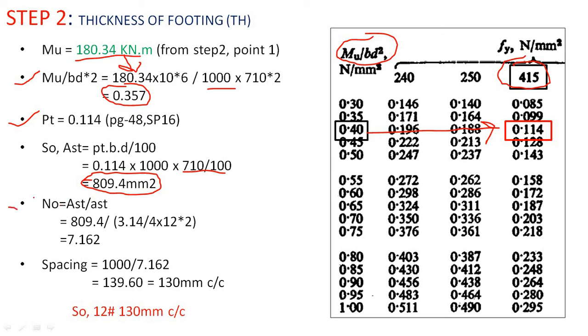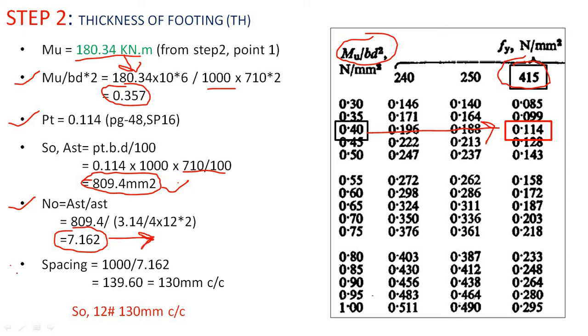So next we will find the number of bars. Number equals capital Ast divided by small ast. The capital Ast is 809.4 mm square, divided by small ast, the area of the bar. I have assumed the diameter of the bar as 12 mm, so we have pi by 4 into 12 whole square. So I have found 7.162 numbers per meter of the strip.